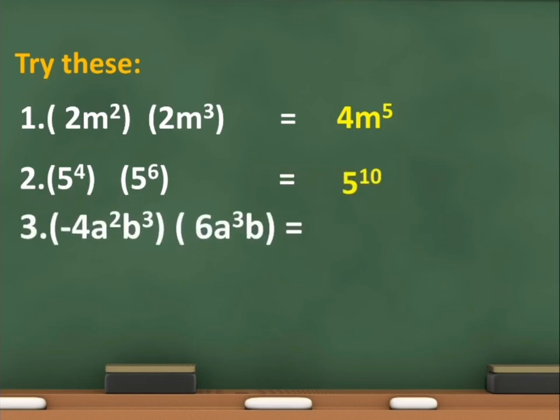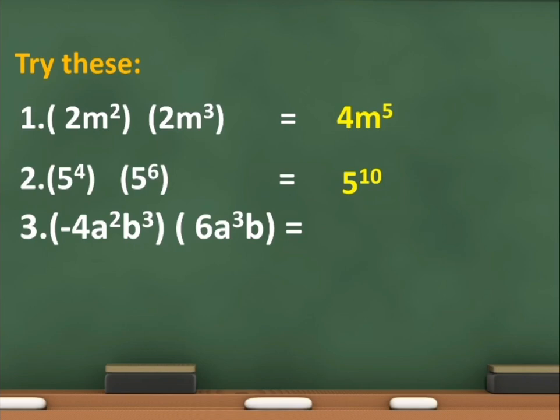For number 3, we have negative 4a squared b cubed times 6a cubed b. So, negative 4 times 6 is negative 24. A squared times a to the 3rd power is a to the 5th power. B cubed times b is equal to b to the 4th power.